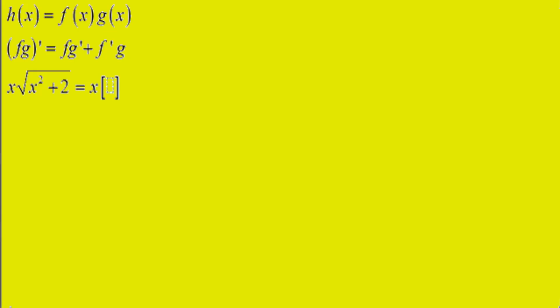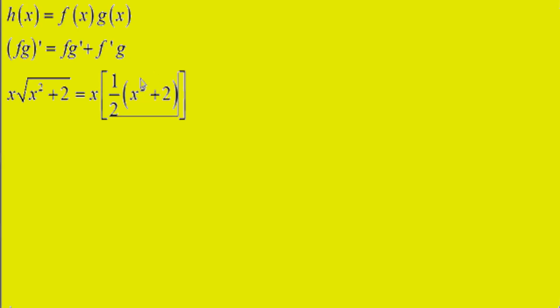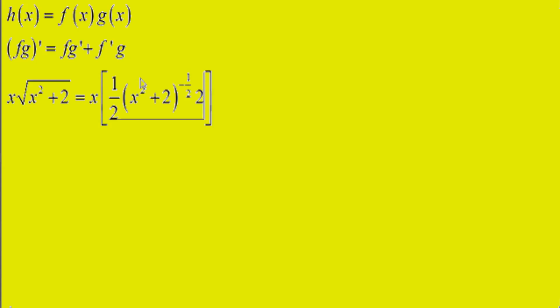The derivative of this square root function using the chain rule is going to be 1/2 times x squared plus 2 to the negative 1/2 times 2x. Then these 2's cancel. I'll move this x in front, and this actually gets kicked down to the denominator because of the negative exponent.